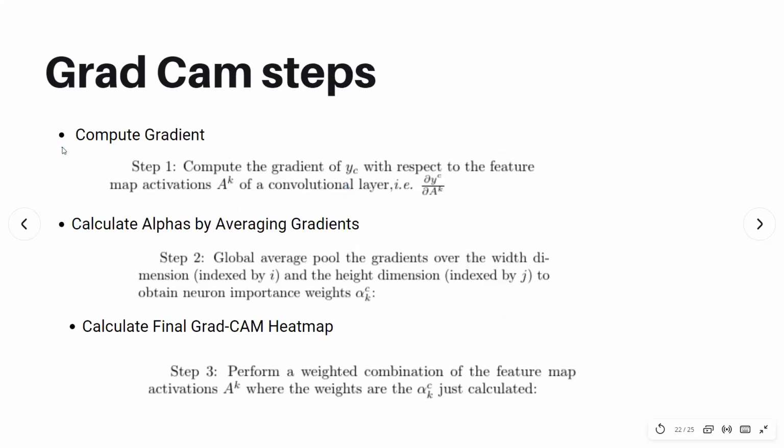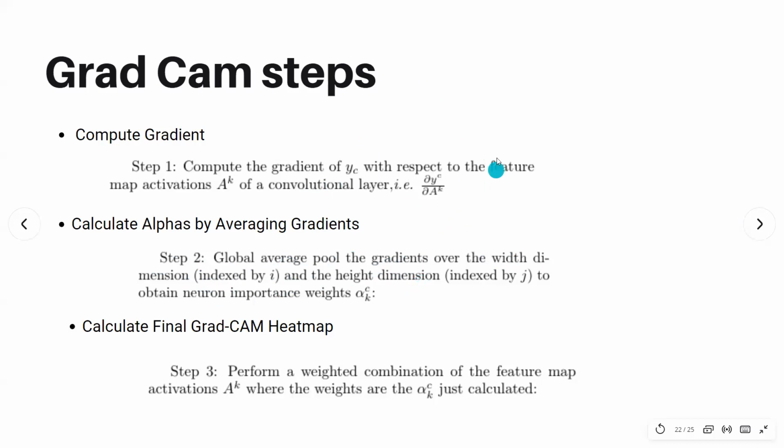So the steps are, in general: we compute the gradient of Y^C, a certain class, with respect to the feature map activations A^K of a convolutional layer. Then we calculate the alpha by averaging the gradients. The alpha is basically how this feature map contributes to this class. We calculate these alphas based on the average pool of the gradients over the width and height dimensions.